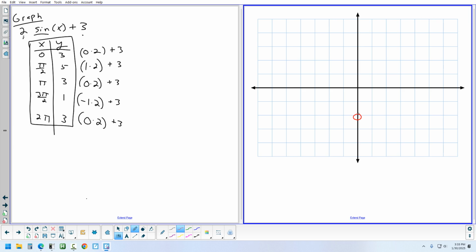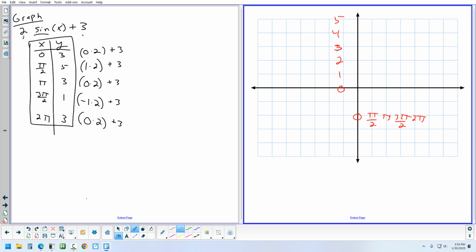Let's go 0, pi over 2, pi, 3 pi over 2, 2 pi. And for my y's, the highest I need to go is 5, and the lowest I need to go is 1. Just barely going to work with that graph. So 0, 1, 2, 3, 4, and 5.